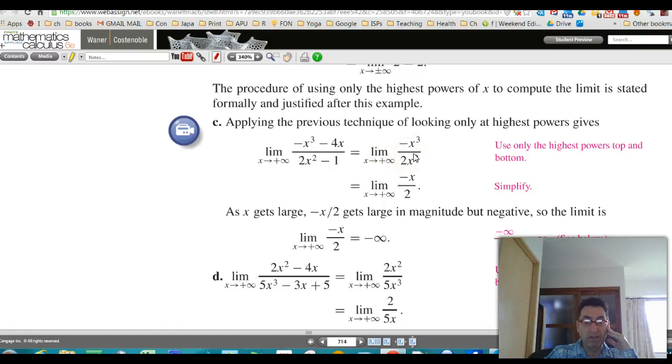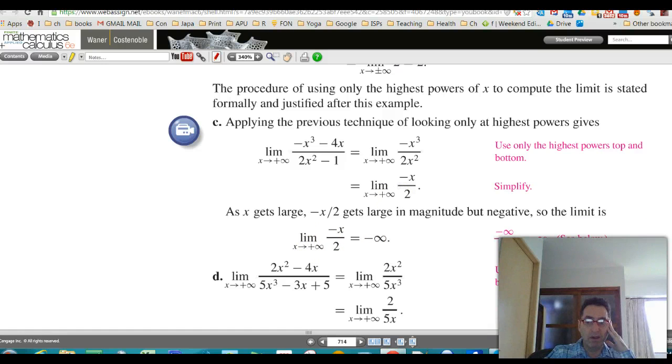And then here we end up, when we do the cancellation, we get minus x over 2. And as x goes to infinity, what happens to this? It goes to minus infinity, actually. So they write this is minus infinity.